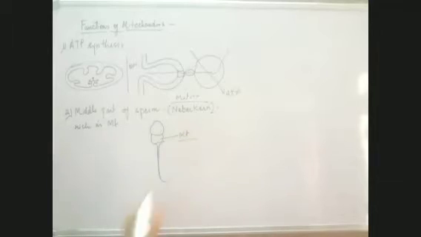Why is mitochondria present here? The mitochondria provides energy, and that energy is required for the movement of the sperm. You know that the sperm has to move till the oviduct, where it fertilizes the ovum. For that, it moves by moving its tail.